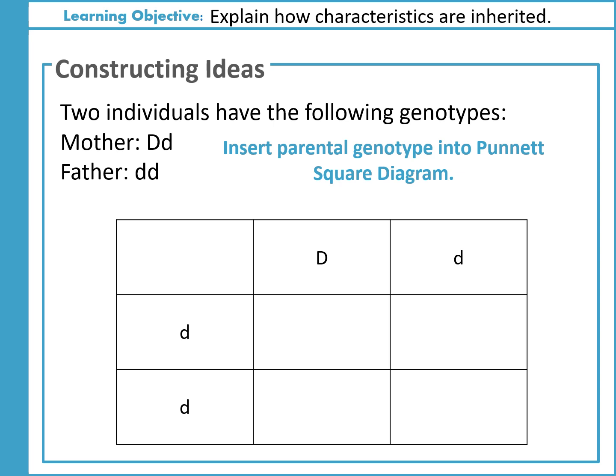Okay, in order to fill the blank spaces in the box, we need to think about the interaction of the two alleles. So for instance, in this box we're going to look at what the mother contributes, and that's capital D, so the dominant allele, and the father contributes small d, the recessive allele. Okay, so I want you to fill in your Punnett square now before we move on to the next slide.